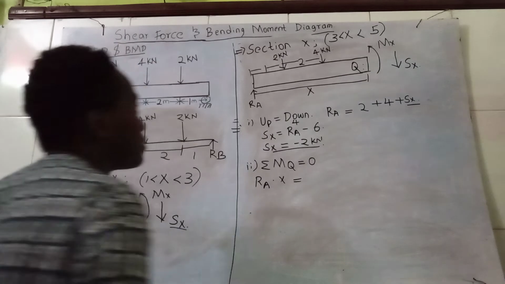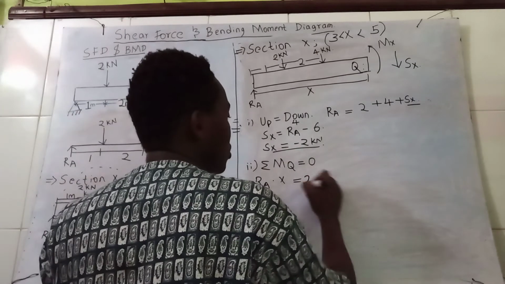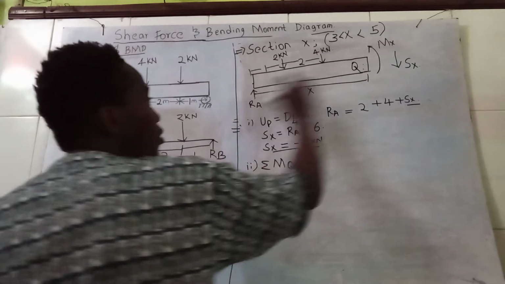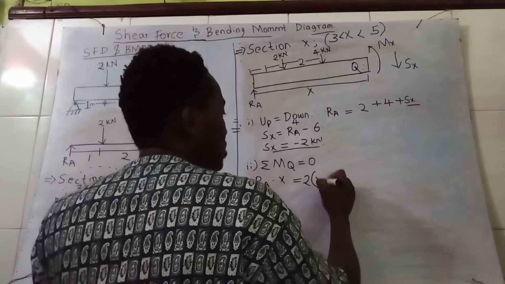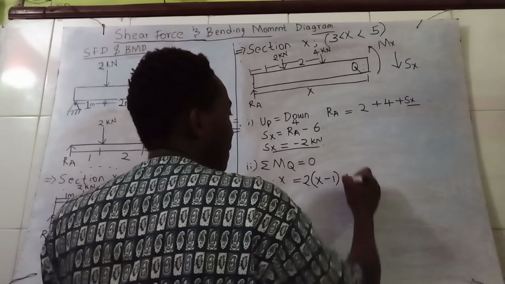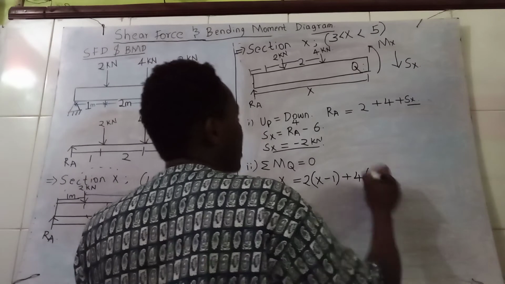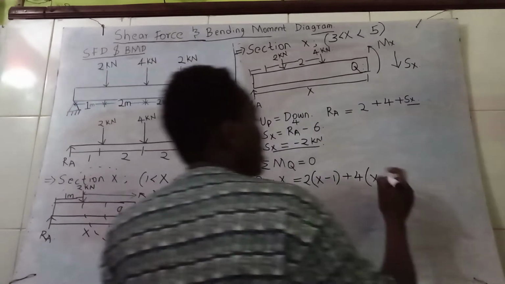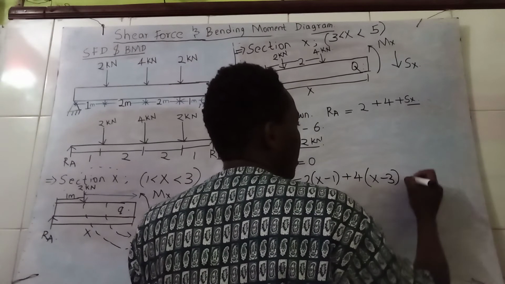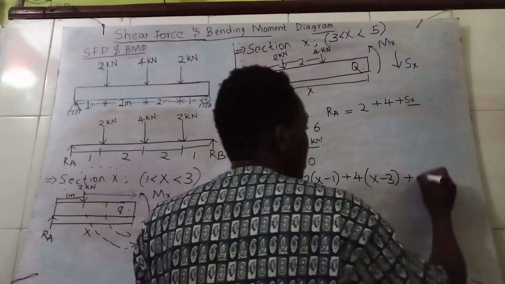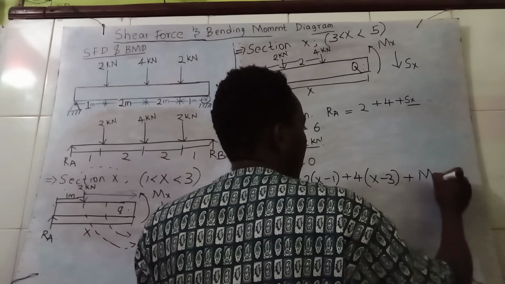So they're going in the same direction. So 2 multiplied by the whole distance x minus 1, plus 4 multiplied by x minus 2 plus 1, 3, plus the moment Mx.